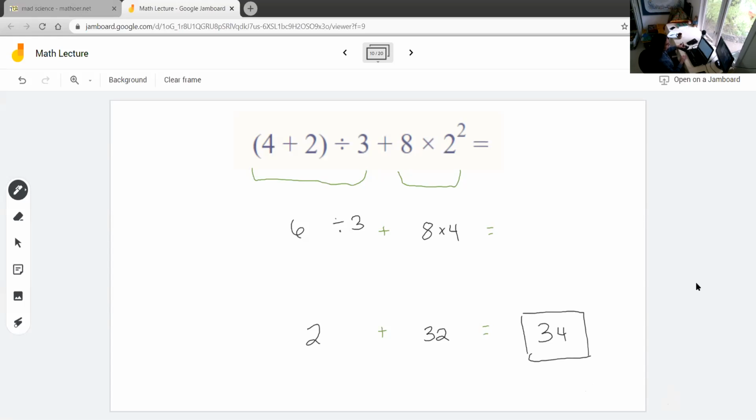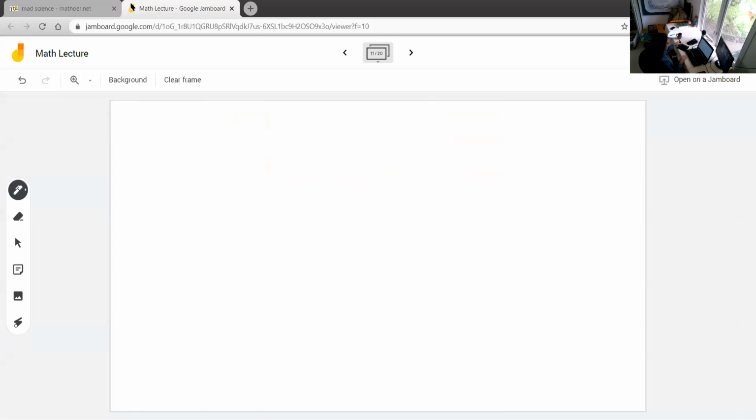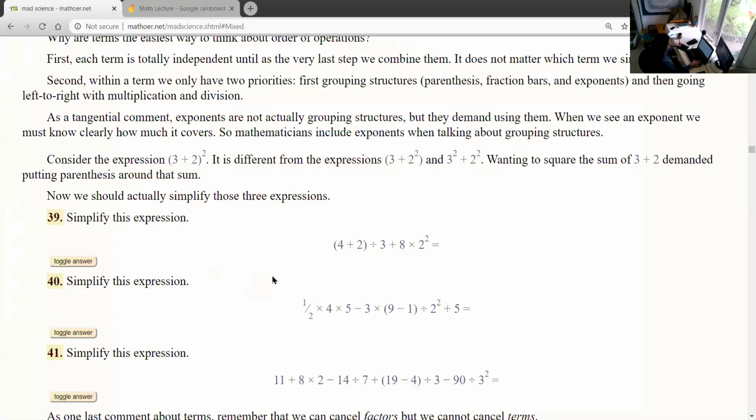Okay, at this point, we really weren't doing anything special. We were doing just PEMDAS. We did some parentheses first, some exponents. Then we did some multiplying and dividing, and then we added things. But it helped keep us organized. When we get to the next one, then we're going to be increasingly thankful that we have terms.